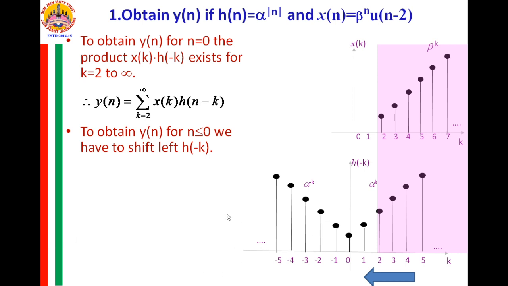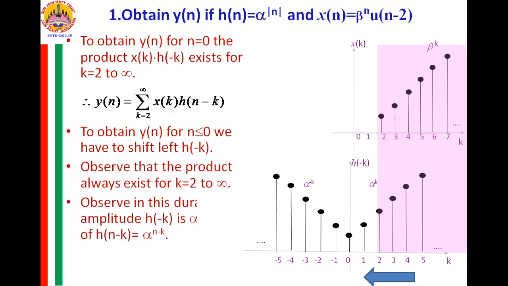So if I go on moving this h of minus k, for every value of n, you observe that x of k and h of n minus k overlap each other from 2 to infinity, and the product always exists from 2 to infinity.